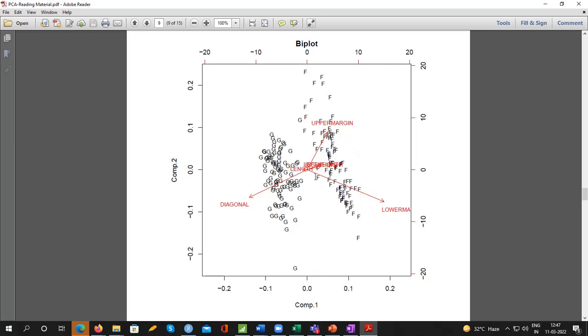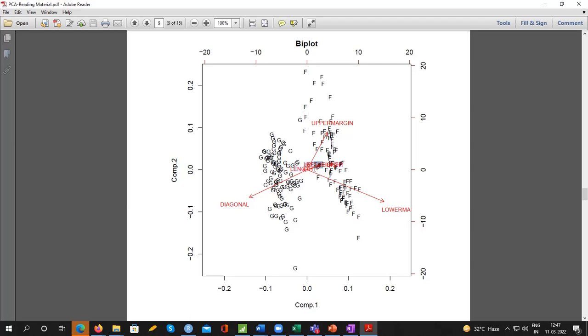Now we can see left height and right height are almost overlapping here. The two arrows are very small and they are almost overlapping, which shows that they are highly correlated. Compared to that, the length of the lower margin arrow is the highest because it has the largest variance.